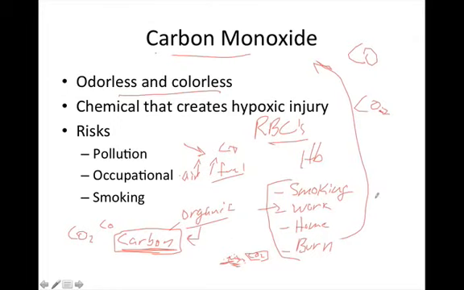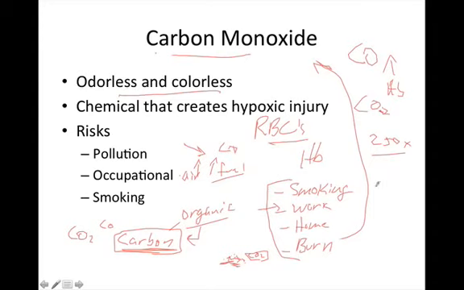All right, now the problem with carbon monoxide is that it has an incredibly high affinity to hemoglobin. It's about 250 times higher than oxygen. Basically, carbon monoxide is 250 times more sticky than oxygen.